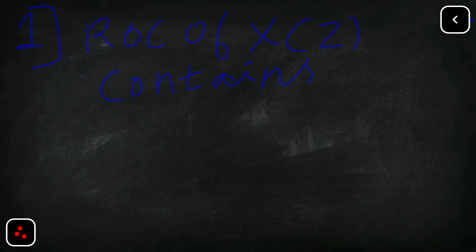So the ROC of x of z contains the ring in the z plane that is centered at the origin.